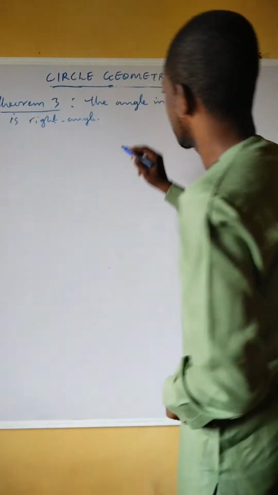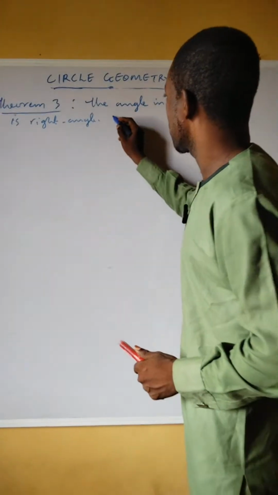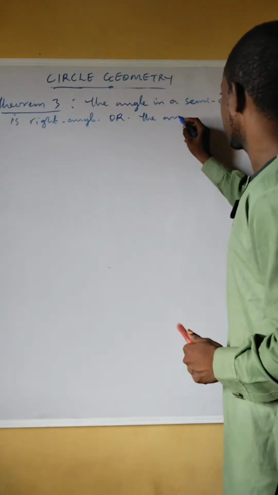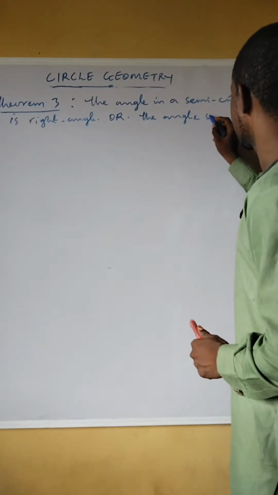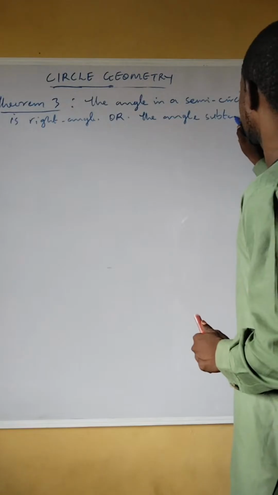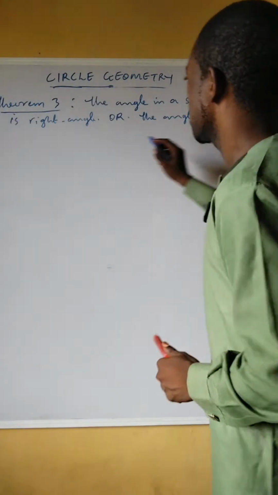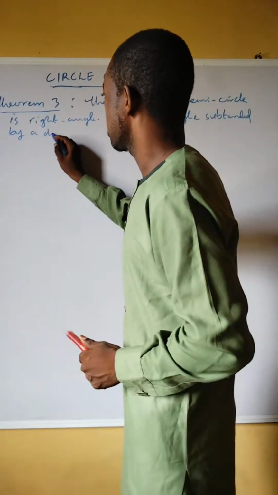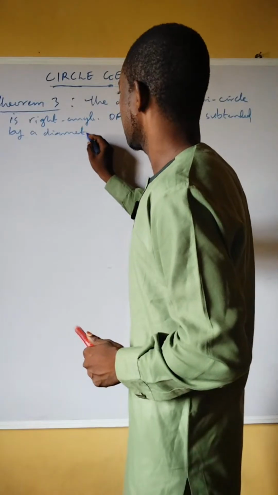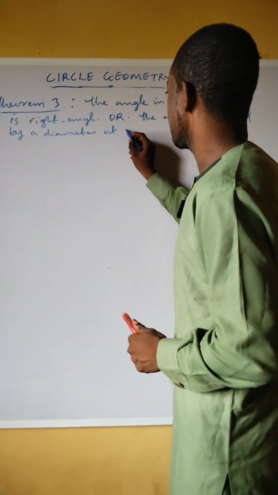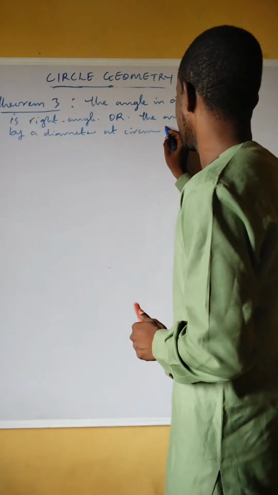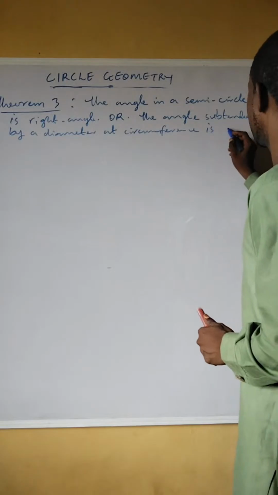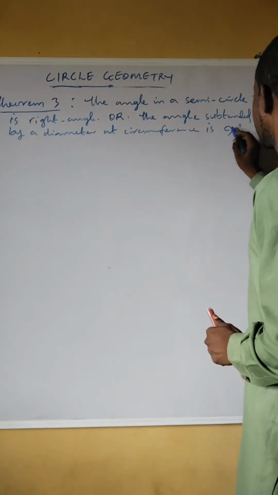So in another word, we can say that the angle subtended by the diameter at the circumference is a right angle, and a right angle is 90 degrees.